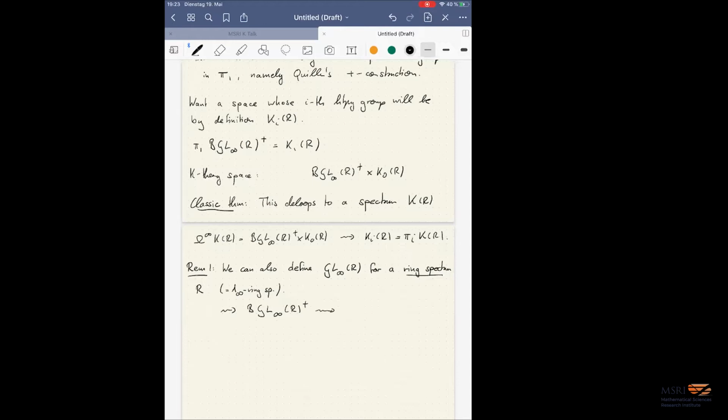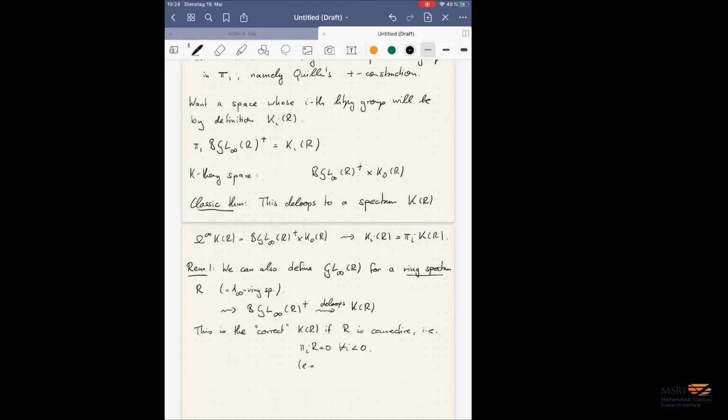And this deloops also to a spectrum which might be called K of R. This is the correct K of R if R is connective, i.e. pi i of R is 0 for all i smaller than 0.